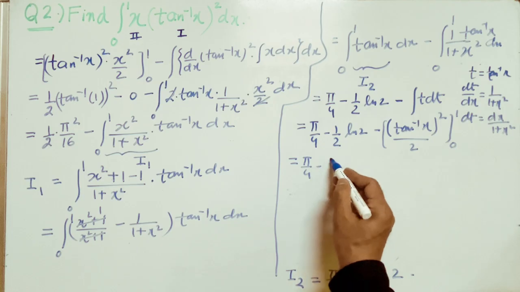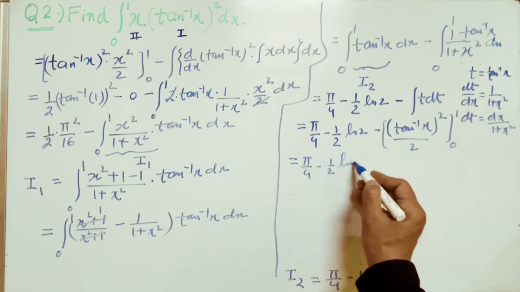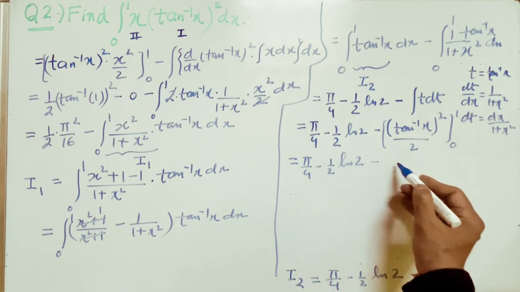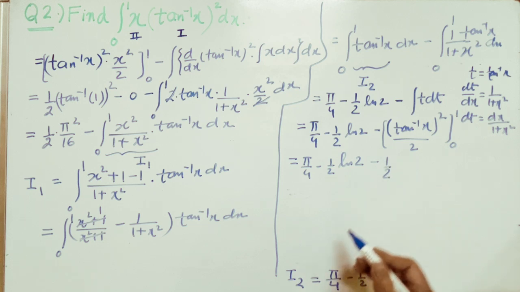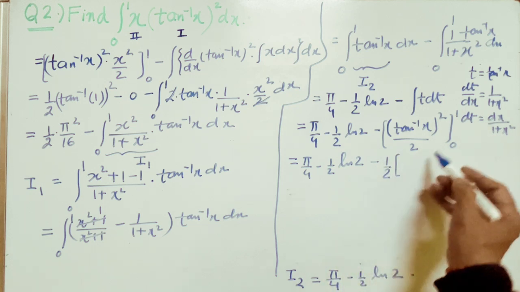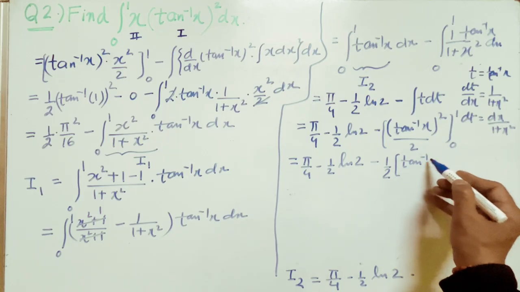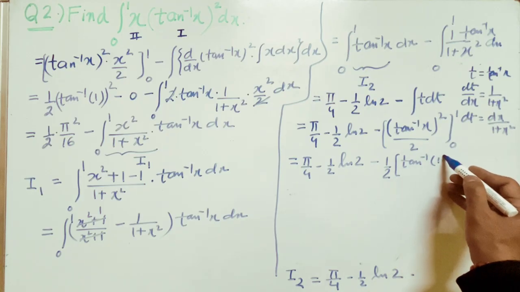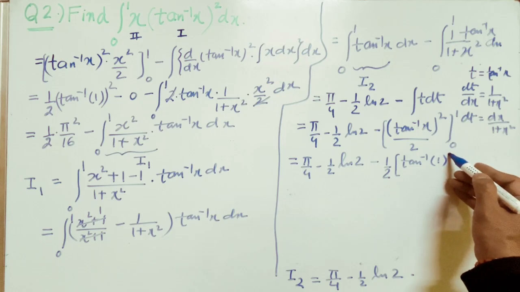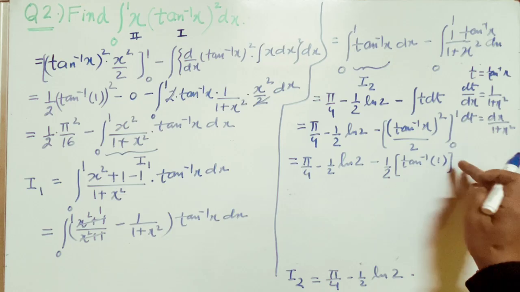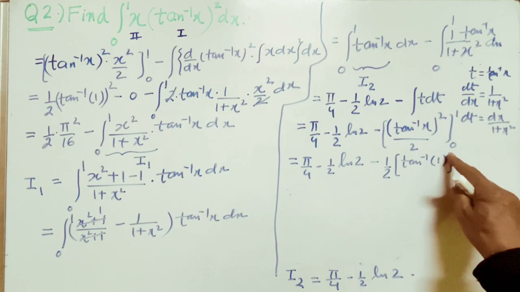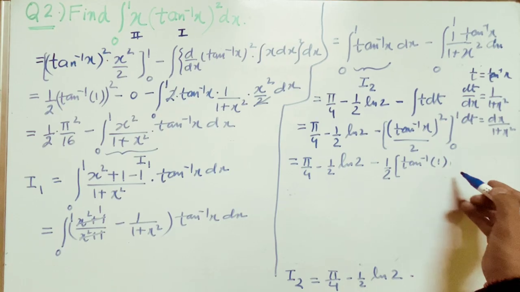Pi by 4 minus half ln 2 minus half, I'm pulling out. Then I'll put 1 in place of x. And the rest of the part will become 0, so I'm not putting it here.